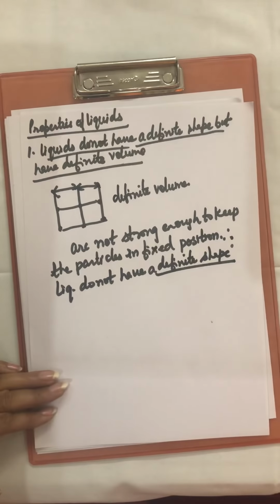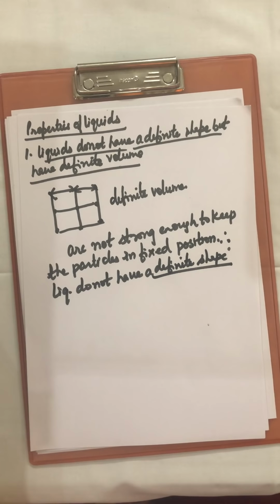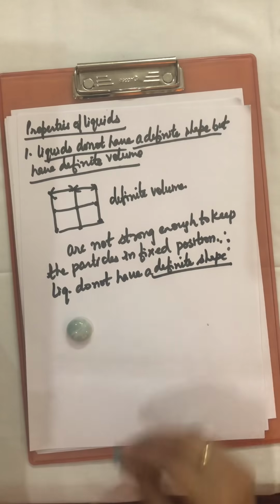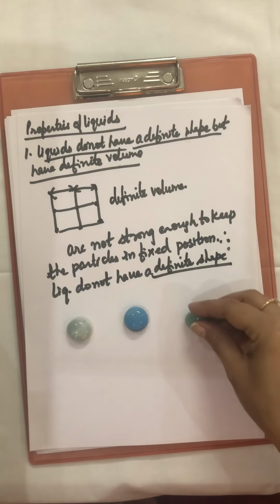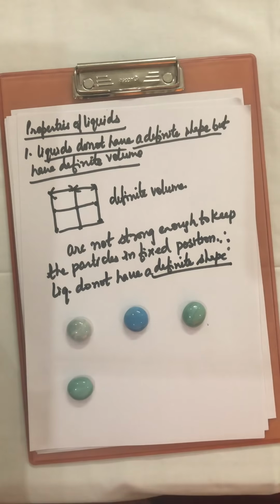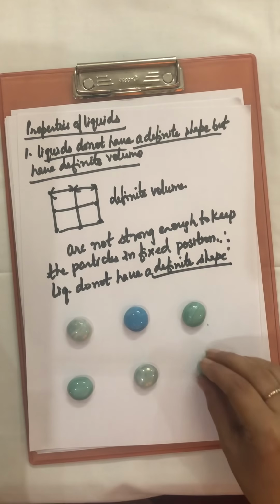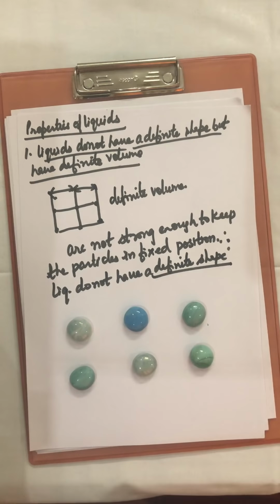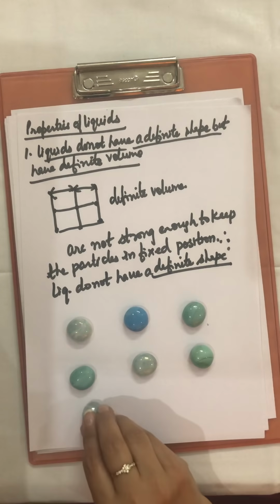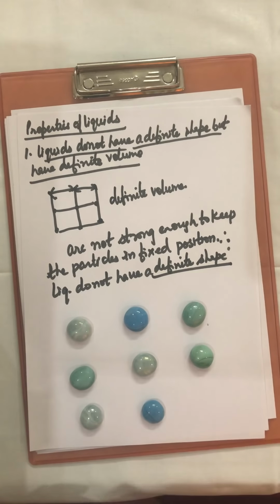For example, if we take the liquid, these are the particles of liquid. So particles are here and they are held by strong forces, strong enough to keep them here only.